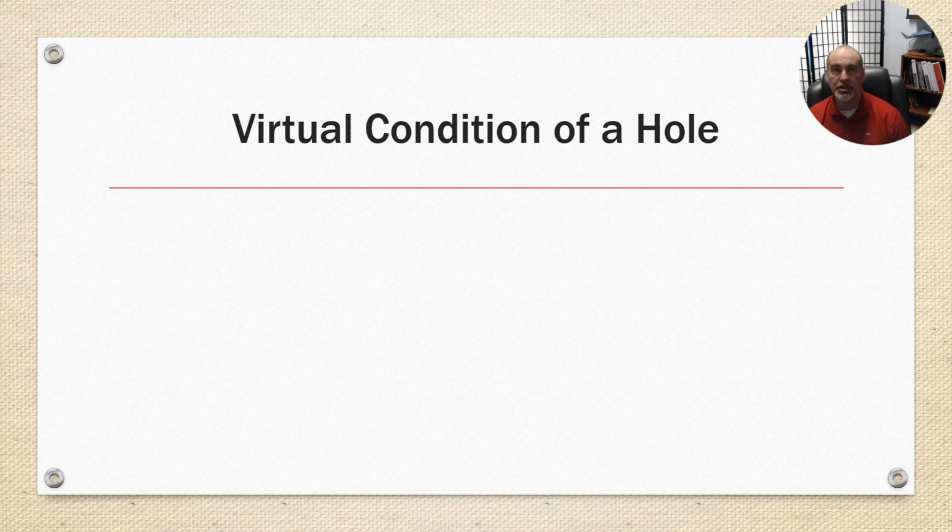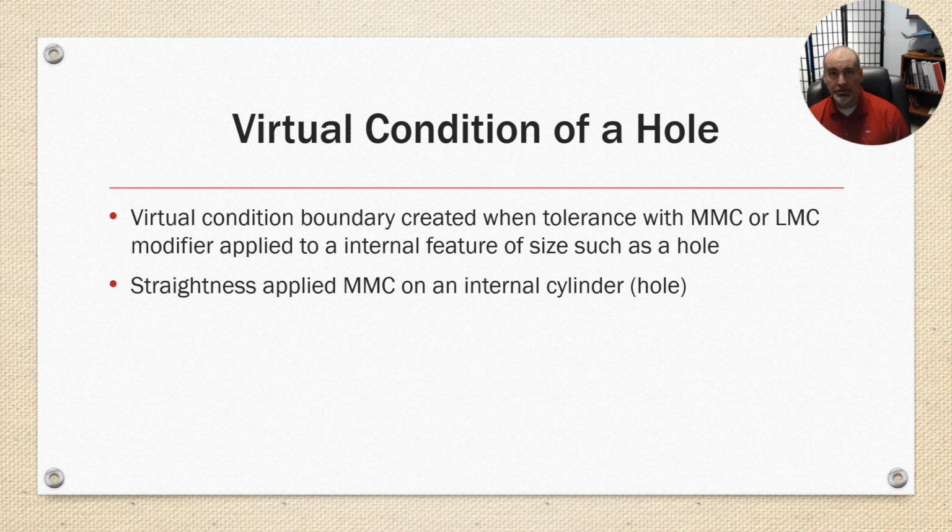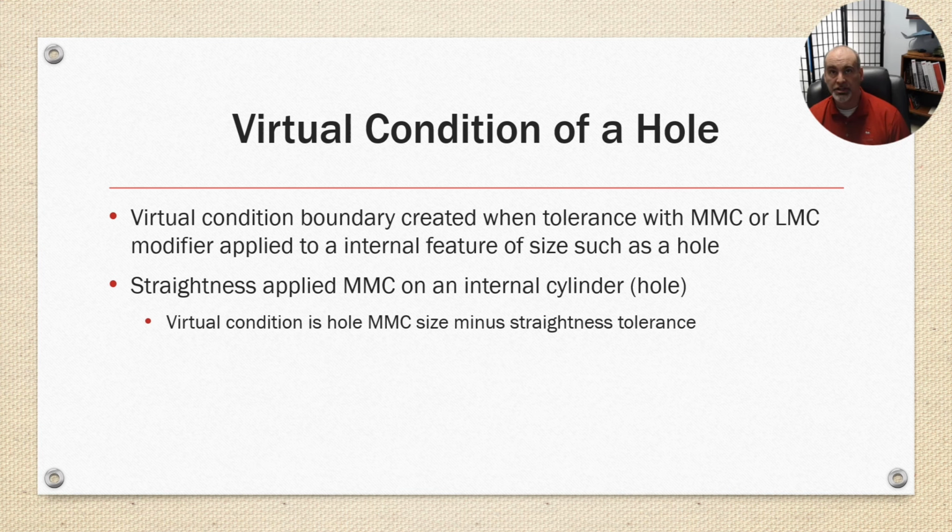Okay, virtual condition of a hole. The virtual condition boundary is created when a tolerance with an MMC or LMC modifier is applied to an internal feature of size, such as a hole. Straightness applied at MMC to an internal cylinder or a hole: the virtual condition is the hole at maximum material condition size minus the straightness tolerance.